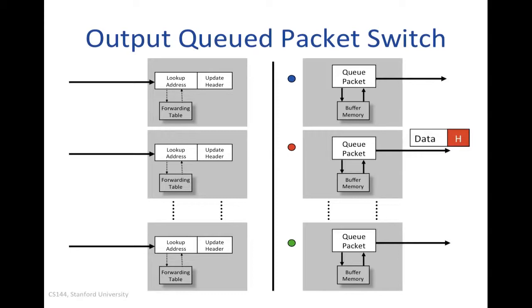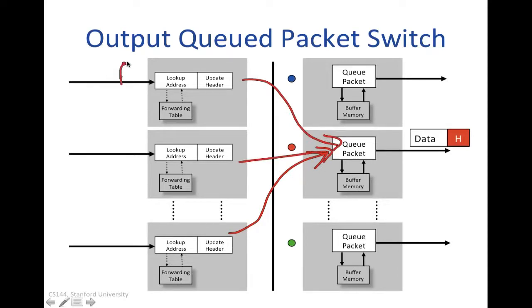And this has a certain ramification for the performance of the switch. Let's take a look at that. When we have packets arriving, it's possible in the worst case that all the packets coming in at the same time from the outside will be wanting to go to the same output queue. Let's say this one here.